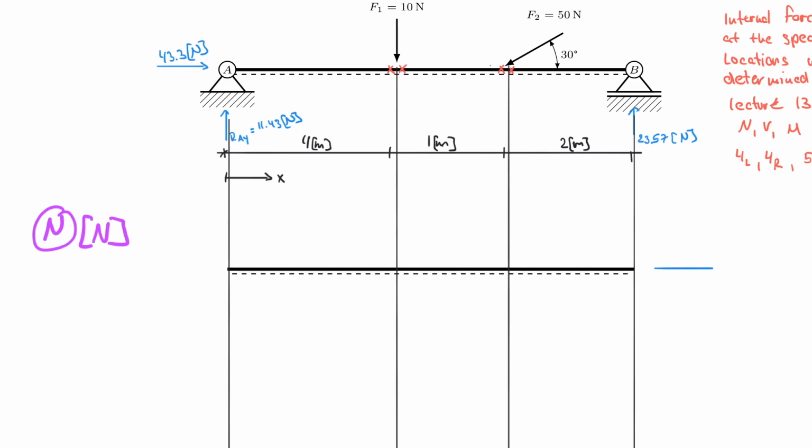So I know that x is usually going in this direction, and x is in the unit of meters, because I want to graph the specific values everywhere along x. And the entire beam here is 4 + 1 + 2 meters long. And so this point here would be x equal to 7, this would be x equal to 4, x equal to 5, and so on and so forth.